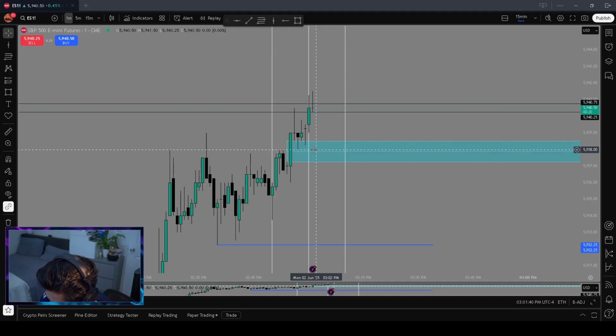We've made a green fair value gap. I'm going to make sure I use the right terminology for this because I don't want to fail or mislead people.